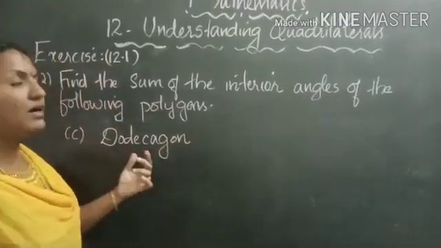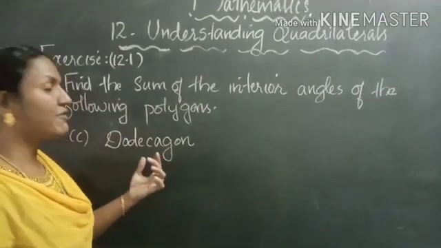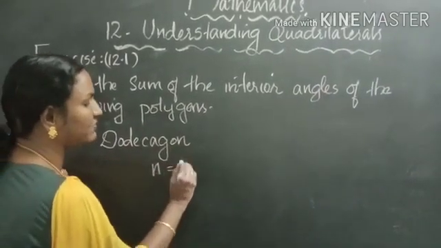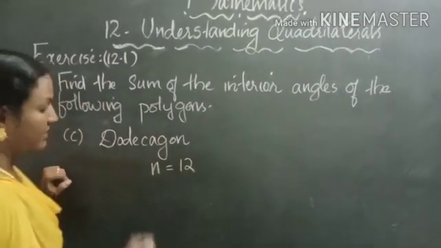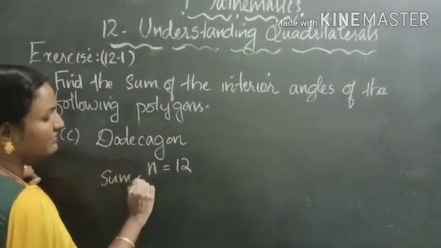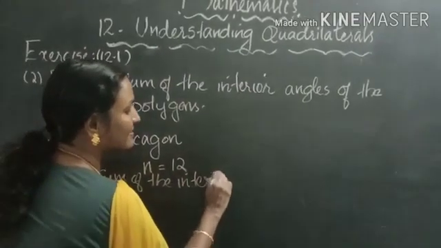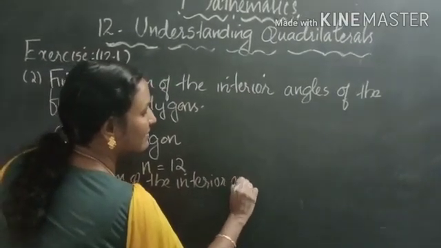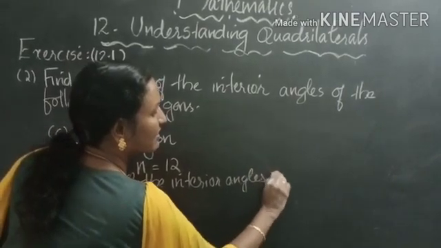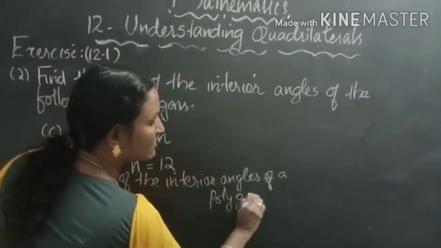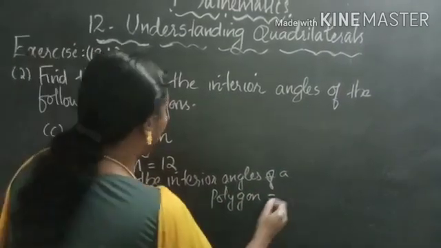Next, option C, dodecagon. The number of sides of a dodecagon is 12. So n is equal to 12. So sum of the interior angles of a polygon is equal to n minus 2.